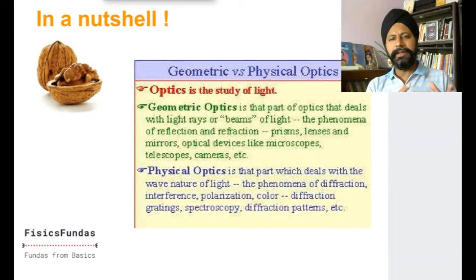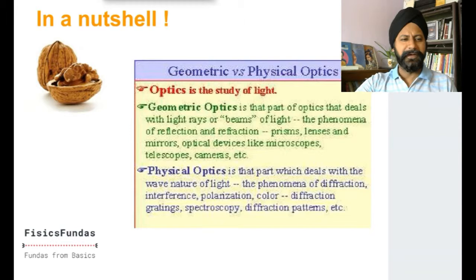So we are interested more in the path of the light rather than whether it is a wave or a photon. But there are certain phenomena like diffraction, interference, scattering, and polarization that demand that we study light as waves. We are going to do that after we are done with this series of ray optics, which is going to be for the next 3 or 4 videos. We will be done with ray optics, and then we are going to start with wave optics.